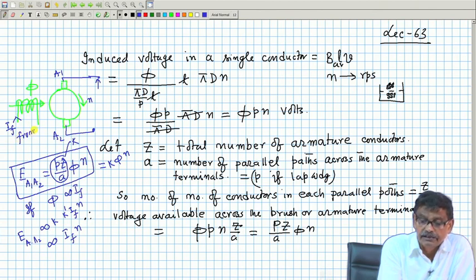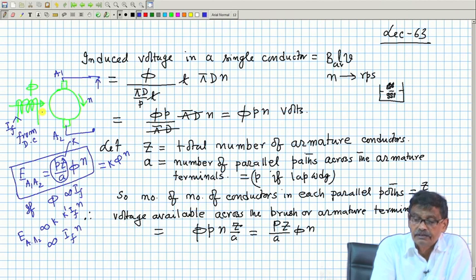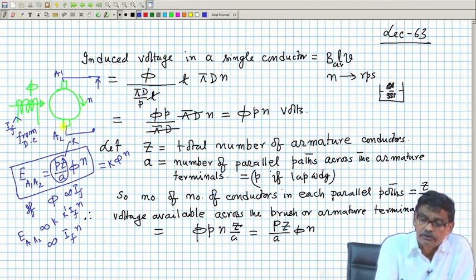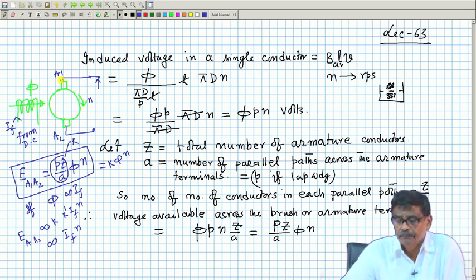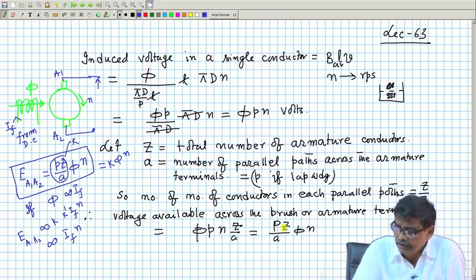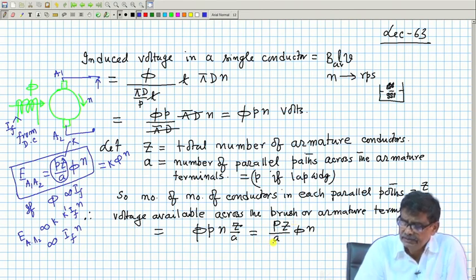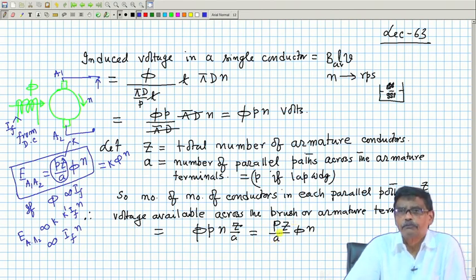You require a DC source to pass this DC current through the field winding to create flux, and then of course, there should be a prime mover to drive the armature and you get a voltage generated. Okay, this is one of the most important formulas.